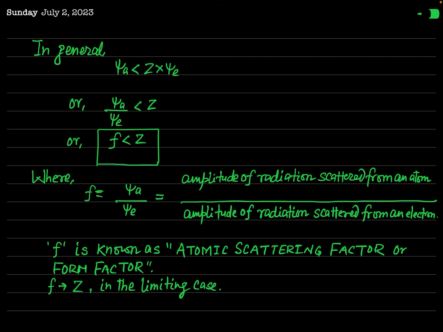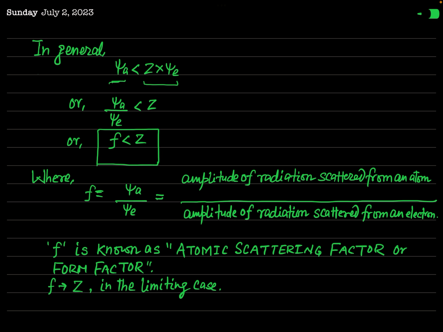In fact, it is found that in general psi a is less than Z times psi e. In a limiting case, it is possible that psi a will be equal to Z into psi e, but in general the amplitude of the X-ray scattered by the atom as a whole is less than the number of electrons times the amplitude of X-ray scattered by a single electron.